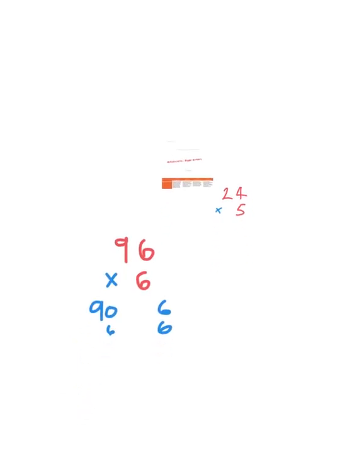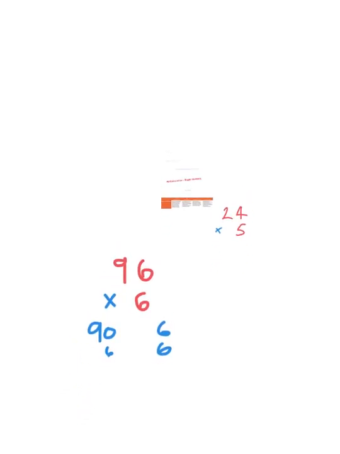I would recommend using that strategy when it comes to multiplying mentally in your head. And that's the same when it comes to massive equations like 96 multiplied by 6. I would try and do 90 multiplied by 6 and also 6 multiplied by 6. My mind's working in overdrive here because I've got my 90 multiplied by 6. So what I would do is pretend that this is 9 multiplied by 6 and then add that 0 back on to create the 10 once again.